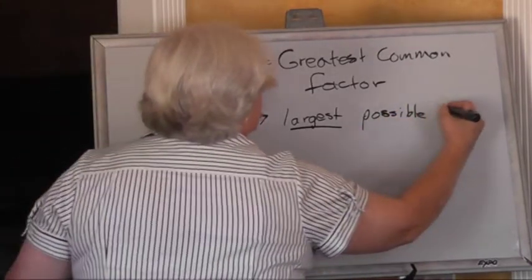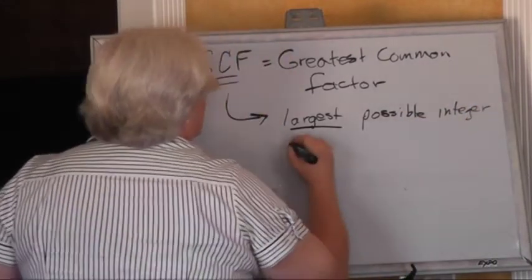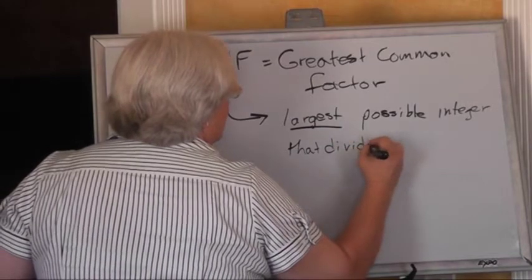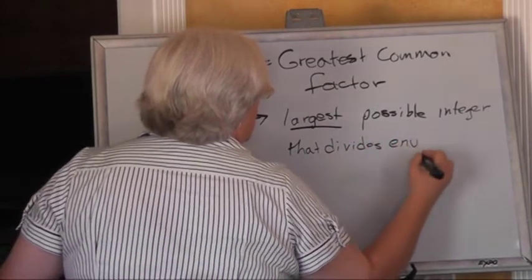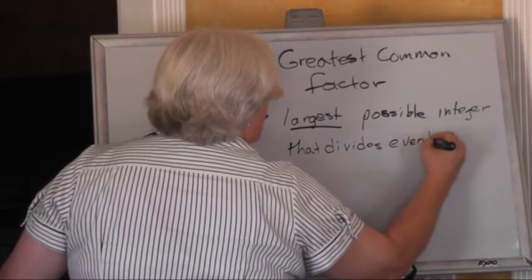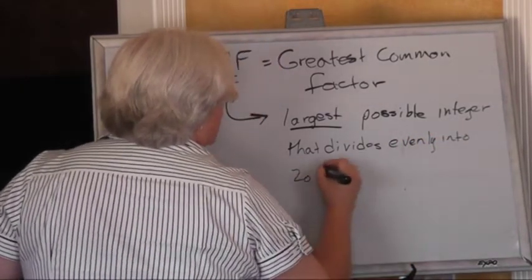Largest possible integer that divides evenly into two other integers.